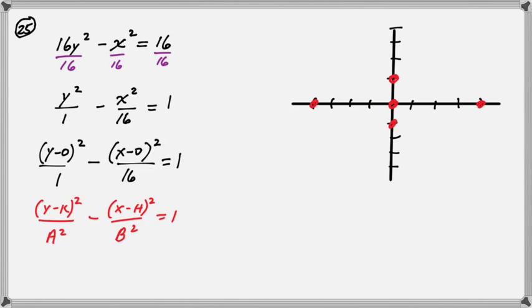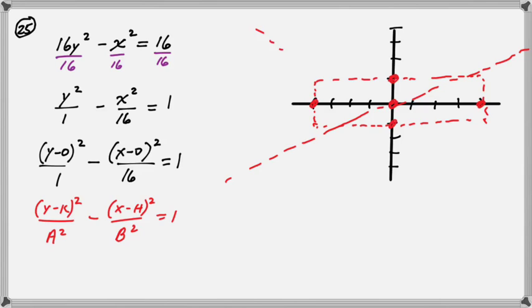If it was an ellipse, if it was a plus, I would just sketch an ellipse. But because it's a minus, it's actually a hyperbola. For a hyperbola, you have to make a dotted rectangle given those parameters. Draw the diagonals, also dotted. Those will become asymptotes. Now I need to know which is positive, the x or the y.